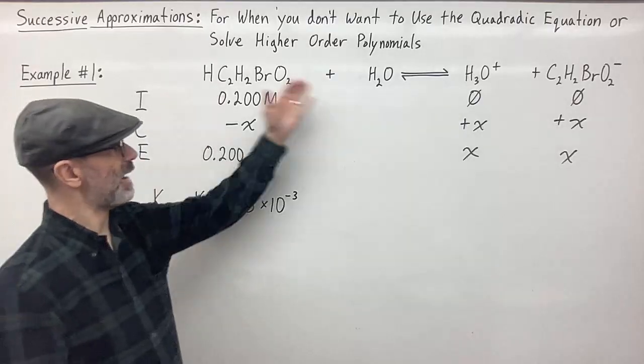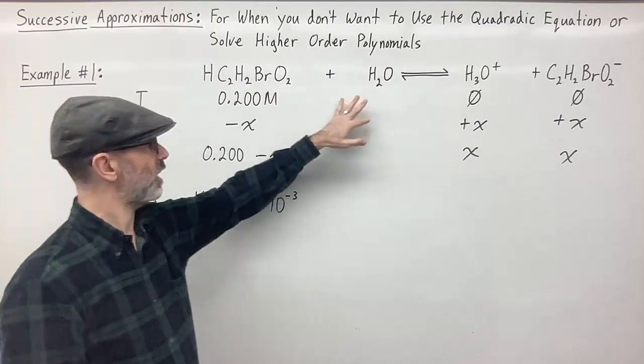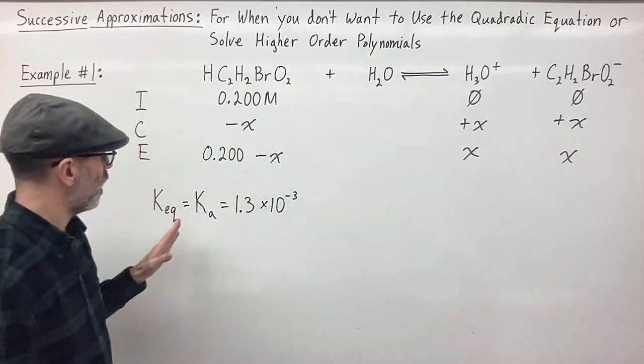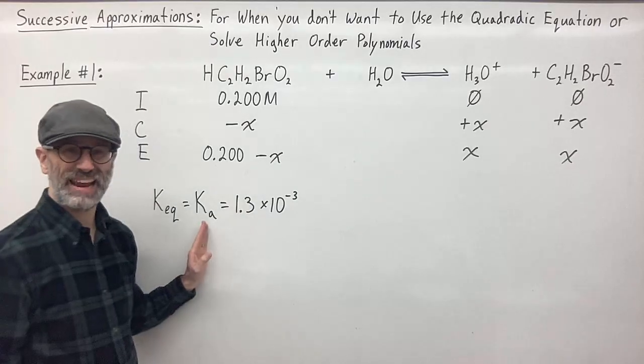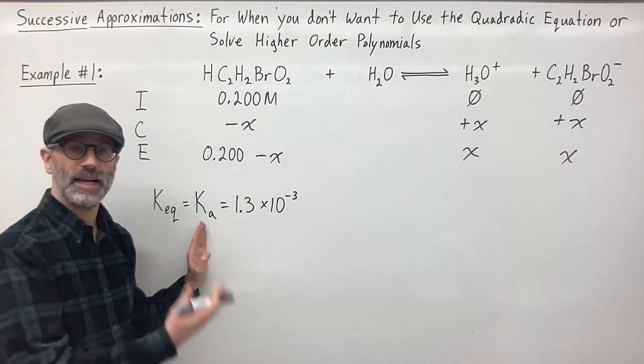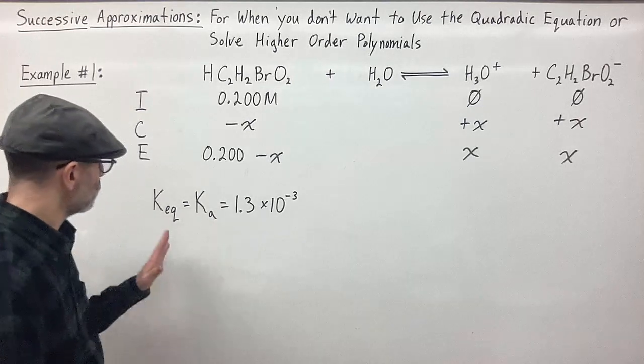Since this is an acid dissociation or acid ionization process here, that's going to be the same as our Ka value. So remember, Ka is just the equilibrium constant for an acid dissociation reaction that's going on here.